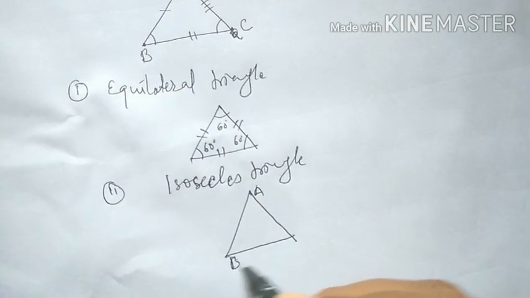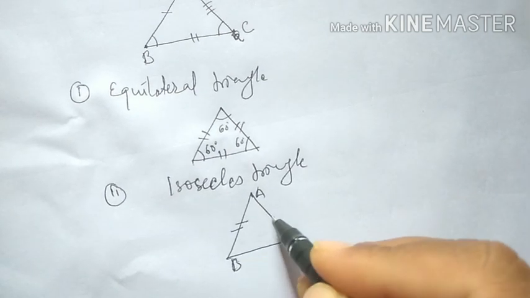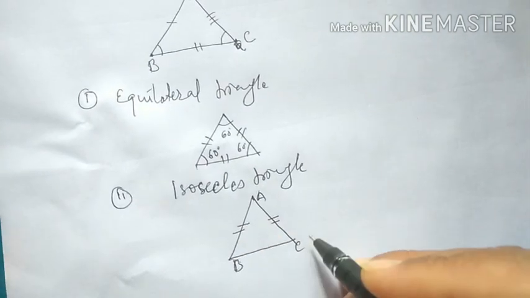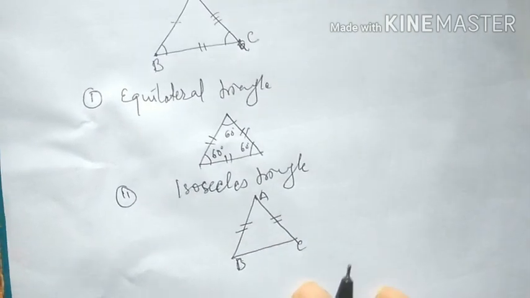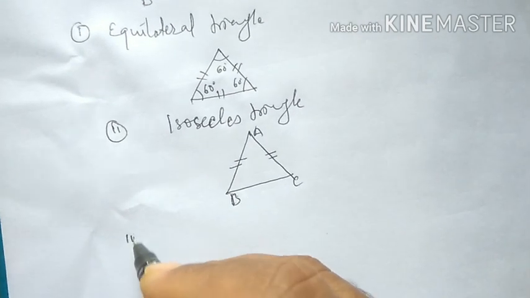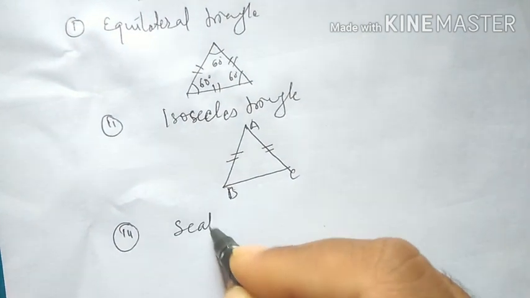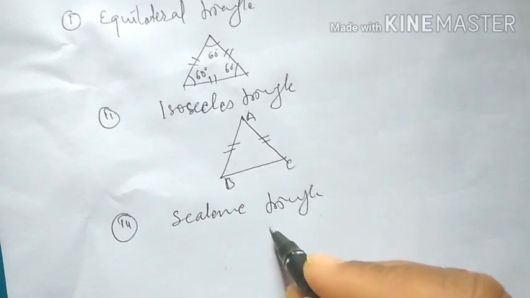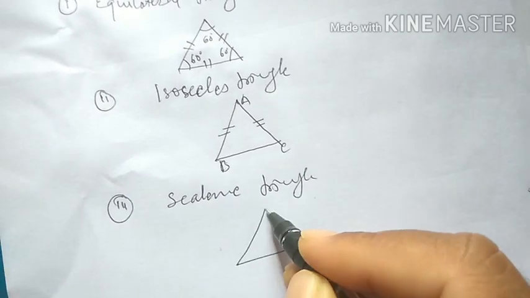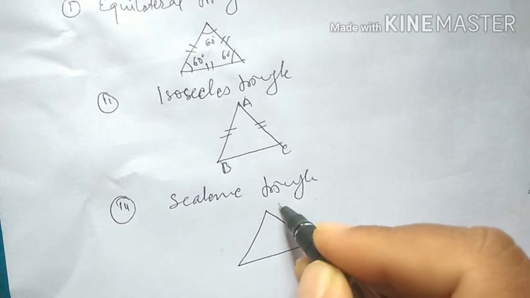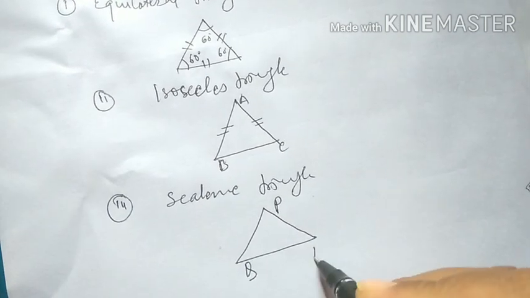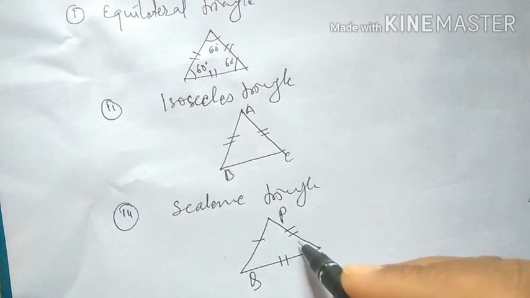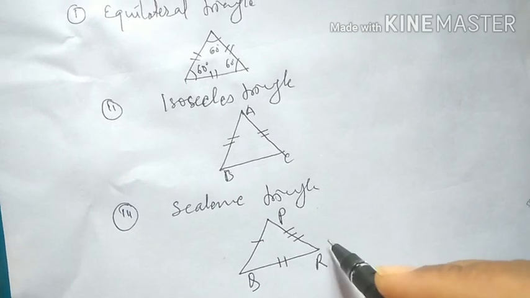Okay, and third, a scalene triangle. What is a scalene triangle? A triangle whose lengths of all the three sides are different, that means no two sides have equal length, is called a scalene triangle.